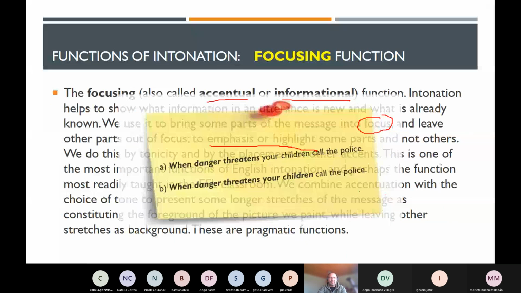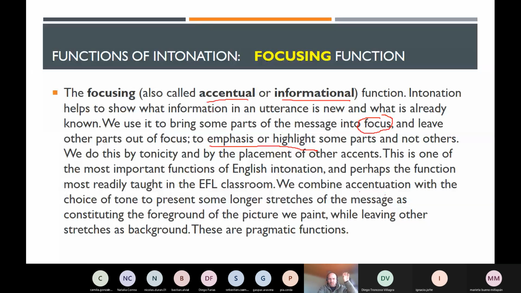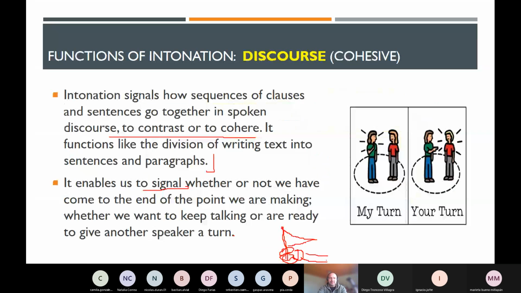We talked about how intonation also helps the listener to understand what's the new element or what's the most prominent element in terms of importance, of relevance. Like, please focus on this information, right?